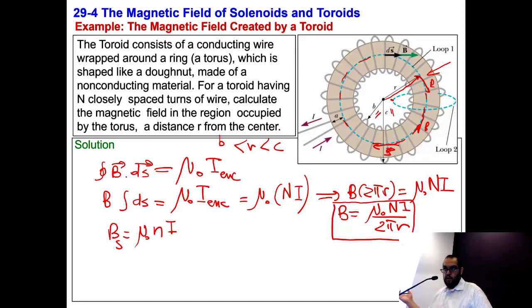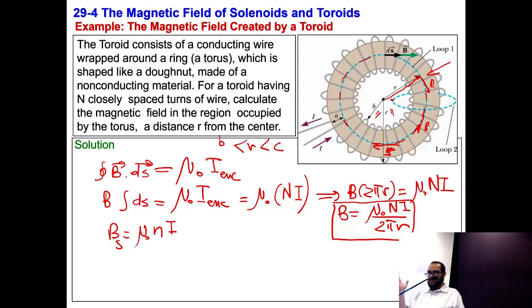It is linear with the current, so if you double the current, you double the magnetic field. But if you change the location, it varies as 1 over r. So it's different from the solenoid. Clear? You can determine on your own using Ampere's law the magnetic field inside a solenoid. If you forget the equation, it is very simple, mu 0 n I. Or if you are given a toroid, you can still do the Amperian loop and derive it.